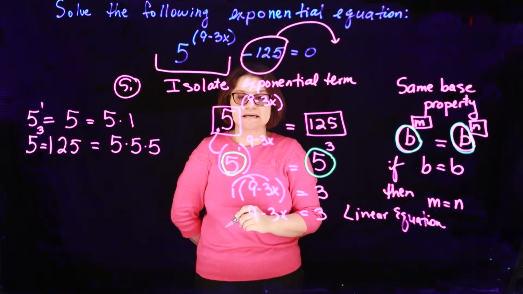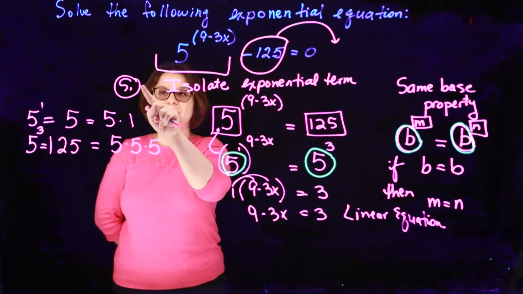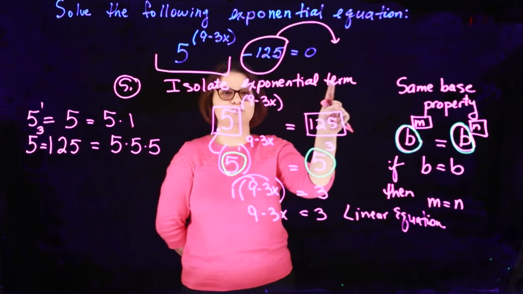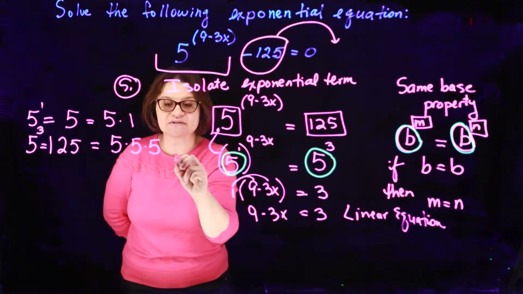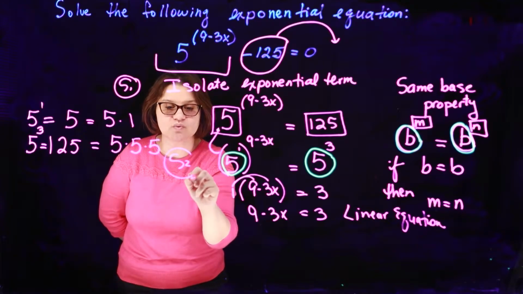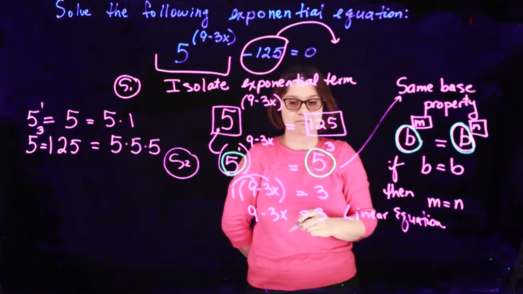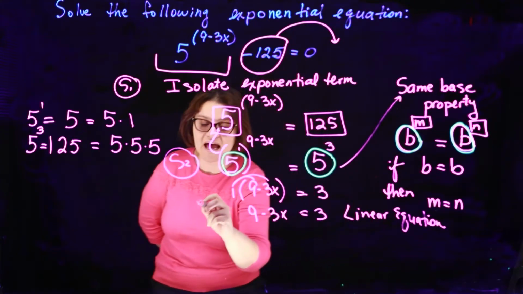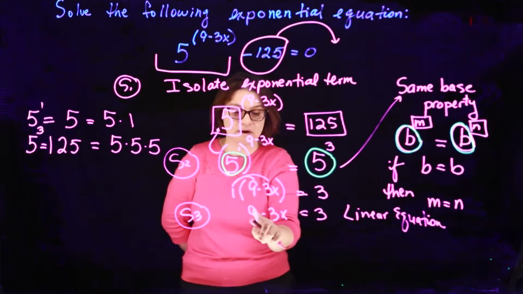Okay, before we go on and solve further, let's quickly review. Step number 1 is to isolate the exponential term. This is where we isolated the exponential term. Step number 2 is where we try to see if we can use the same base property, and we've done that. Now we are on step number 3, where we try to solve an equation.